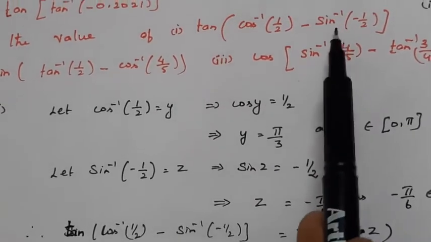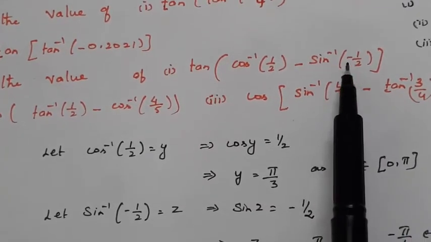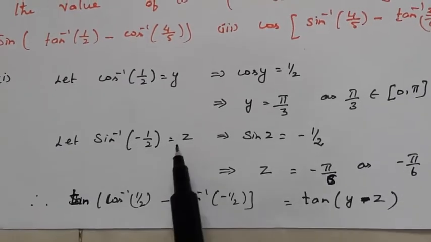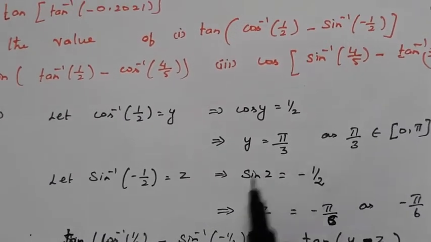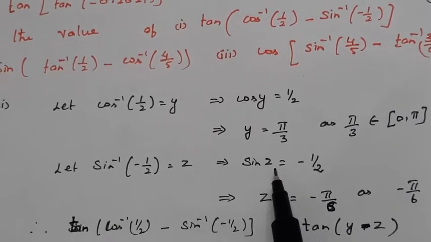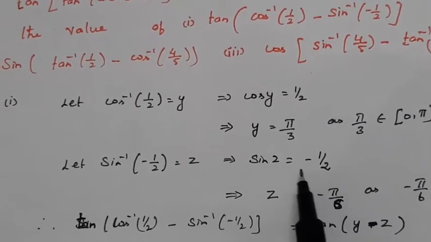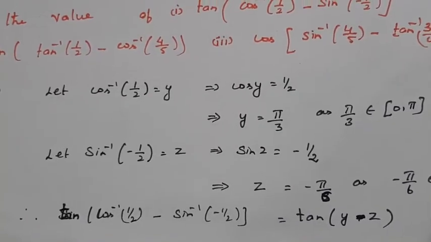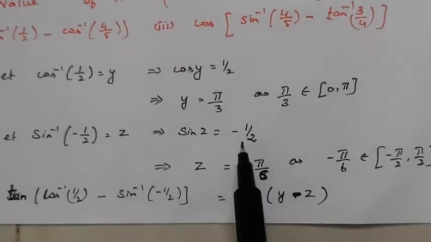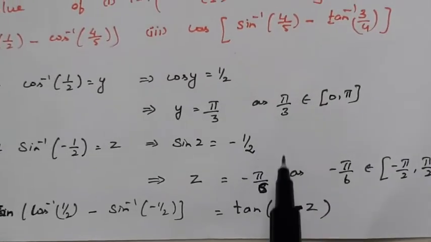And then the second term inside the bracket is sin inverse of minus 1 by 2. So take it to be some z. So as usual, sin z is equal to minus 1 by 2 by definition. So you have to find out the value of z whose sin value is minus 1 by 2. But the principal domain is minus pi by 2 to pi by 2. That means you have to choose the angle either in the first or in the fourth quadrant.